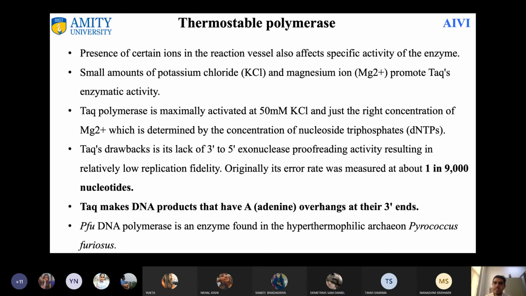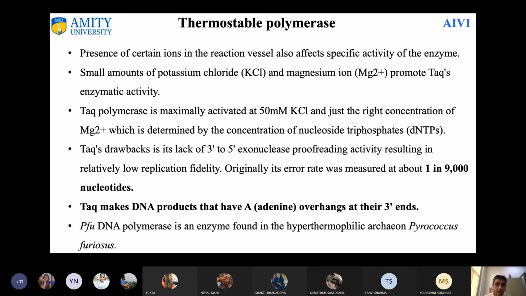Taq molecules have maximal activity at 50 millimolar KCl. That is their optimal condition. So the buffer that you make must have 50 millimolar KCl and just the right concentration of MgCl2, which is determined by the concentration of nucleotide triphosphates. Similarly, you can also optimize your concentration of magnesium chloride and your requirement of dNTPs.